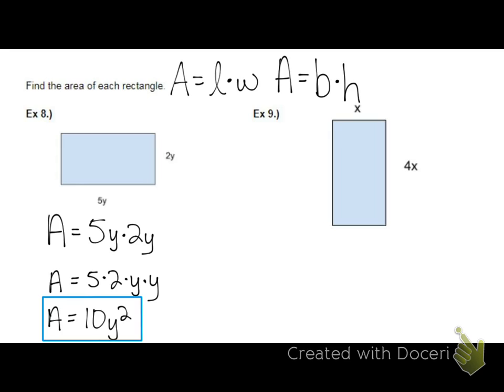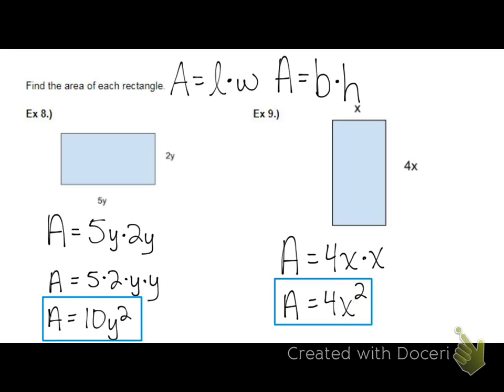That's just showing you how we could put like pieces next to each other. On number 9, what am I multiplying together to get my area? 4x times x, which would give me 4x squared. Very good. Now, if we had been given values for x or for y, then we could actually calculate the areas.